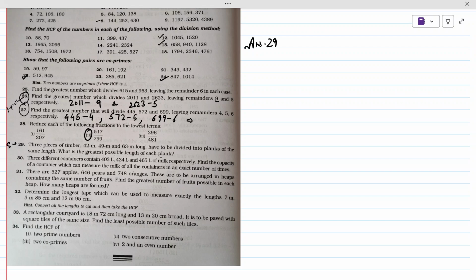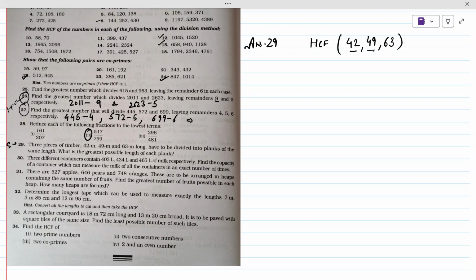So since we have to divide them into the same length, and that too the greatest possible length, that means we have to find the HCF here. The 3 numbers are HCF of 42, 49 and 63. And we know, kids, how we have to do this.